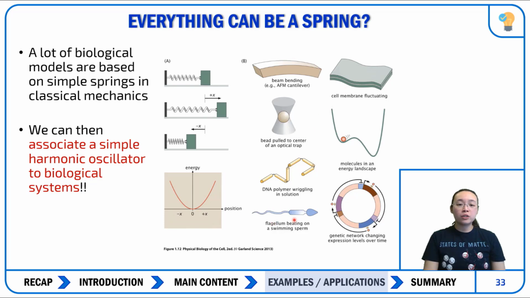You even have energy involved in random walk environments. If you're looking at a DNA polymer that's wiggling around in a solution, you can probably relate its energy to a simple harmonic oscillator. The key thing here is that we can associate a simple harmonic oscillator with a whole bunch of biological systems.